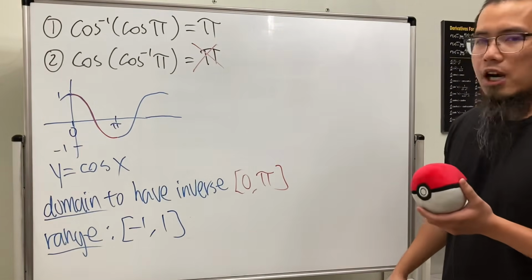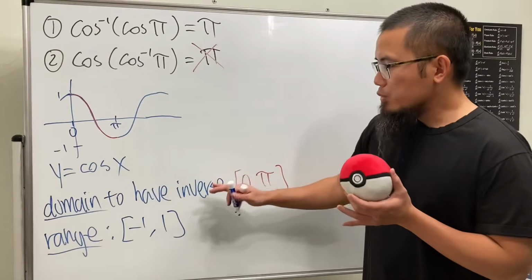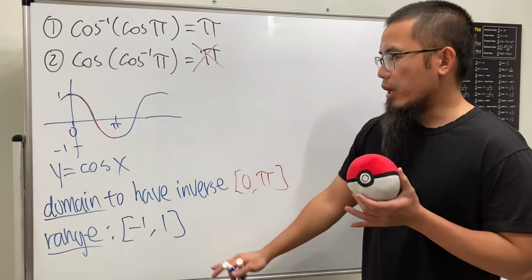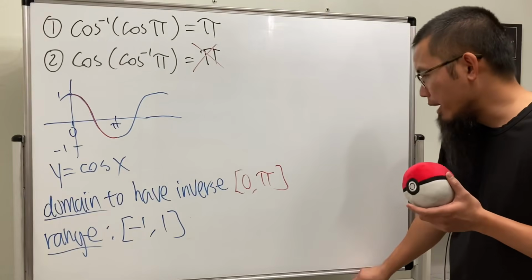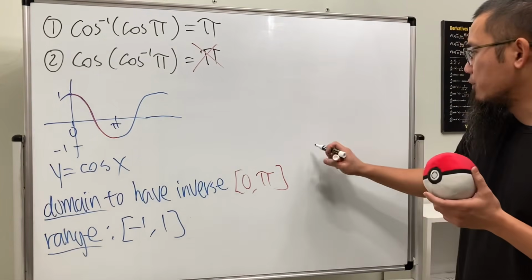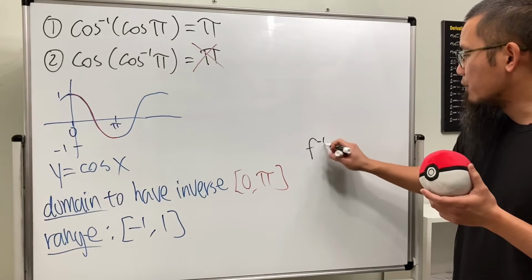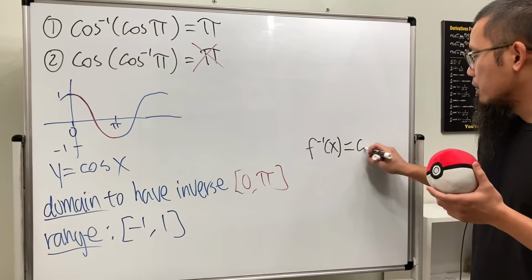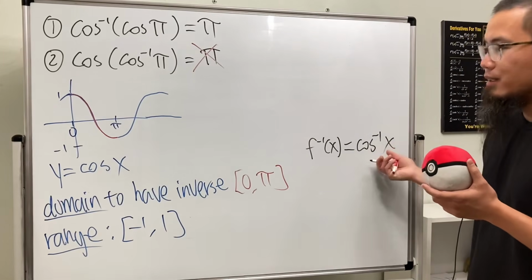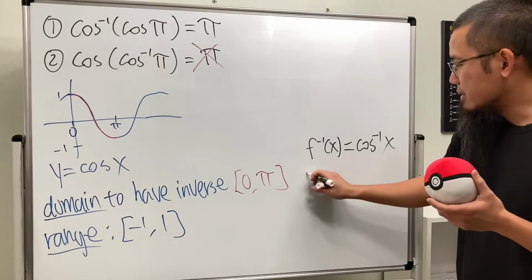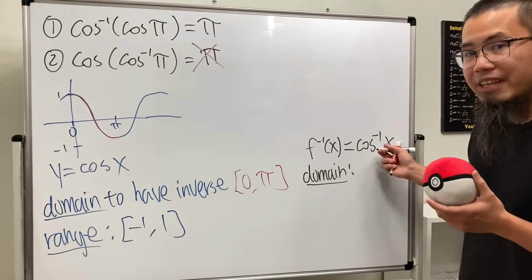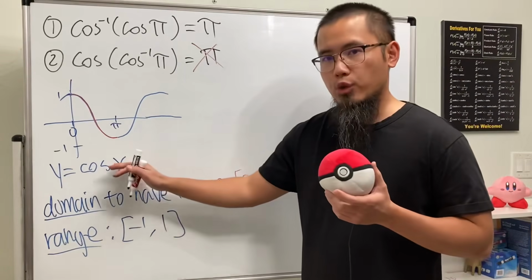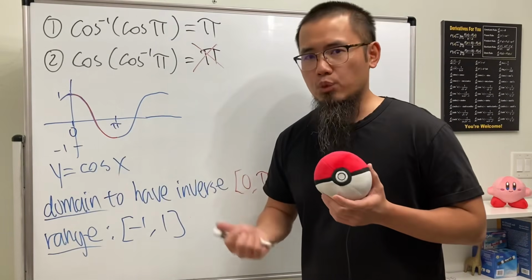So how does this help? Well, first off, once we know the domain and also the range for the original, we should also know the inverse right away. So let me just put this down right here for you guys. If we have the inverse, which is going to be the notation like this, in that case, the domain of our inverse is just the range of the original, because remember, x and y get switched.